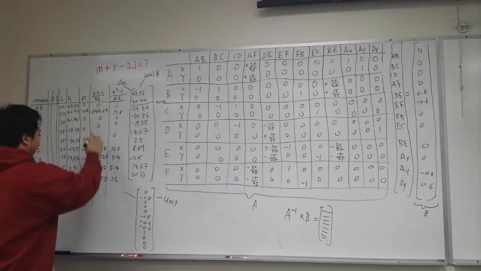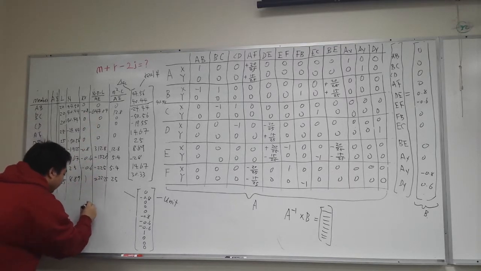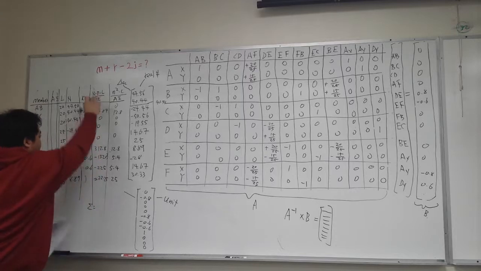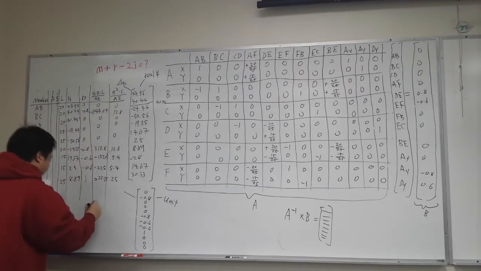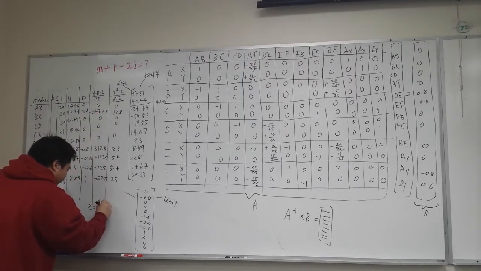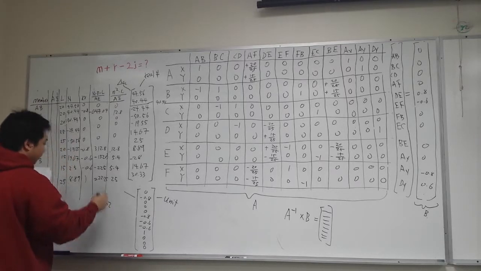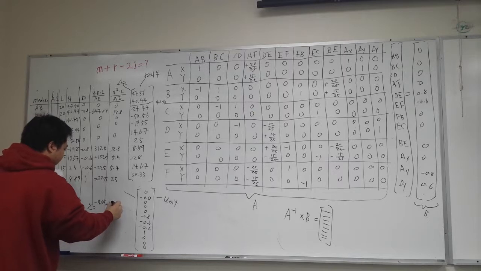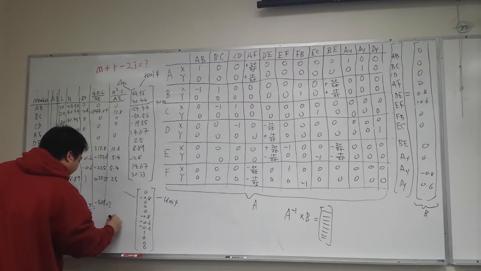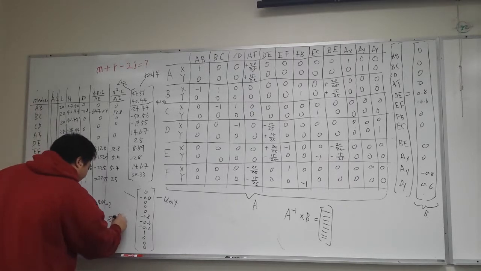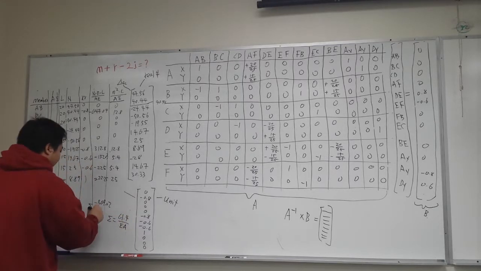So you take the sum of this. For this column, it's going to be negative 469.02. And for this one, you're going to have 61.4 over AE.